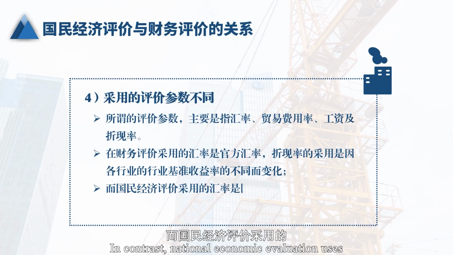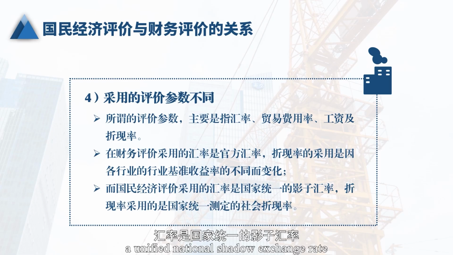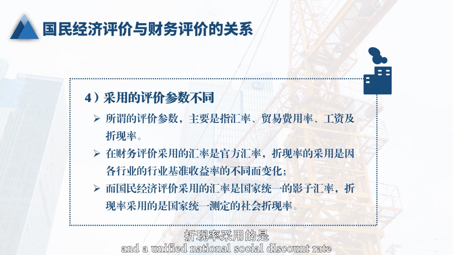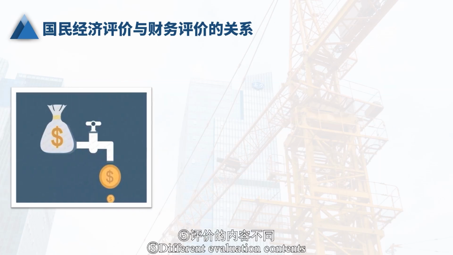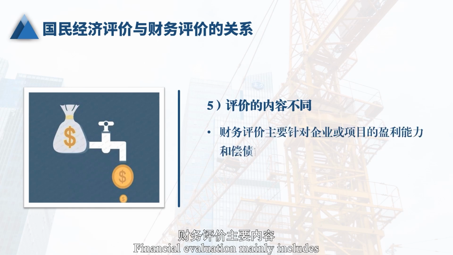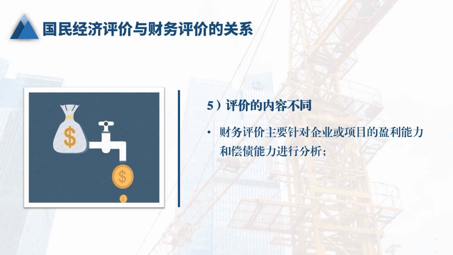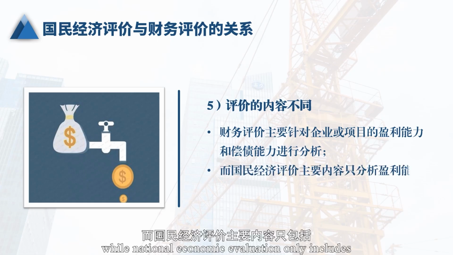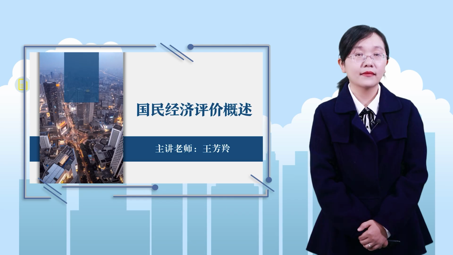In contrast, national economic evaluation uses a unified national shadow exchange rate and a unified national social discount rate. Fifth, different evaluation contents. Financial evaluation mainly includes profitability analysis and solvency analysis, while national economic evaluation only includes profitability analysis and excludes solvency analysis. That's all for this video. Thank you, everyone.